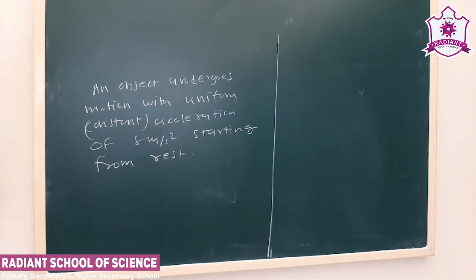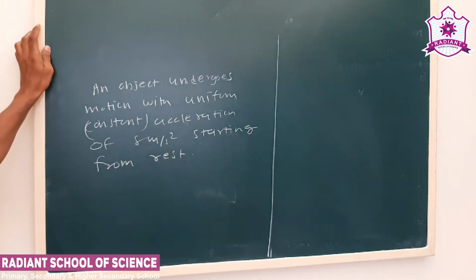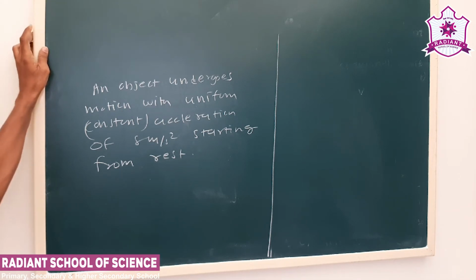Okay, these are the data given. An object undergoes motion with a uniform or a constant acceleration of 8 meters per second square starting from rest.